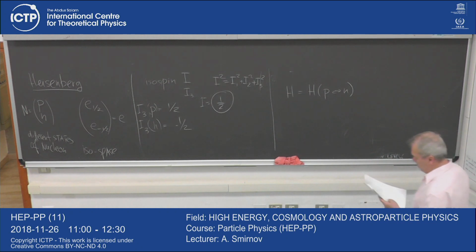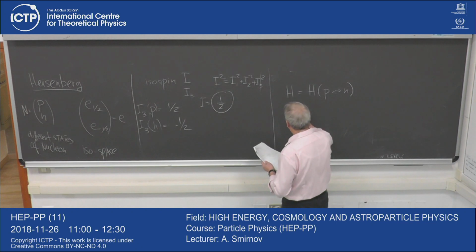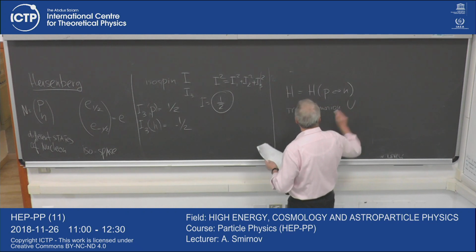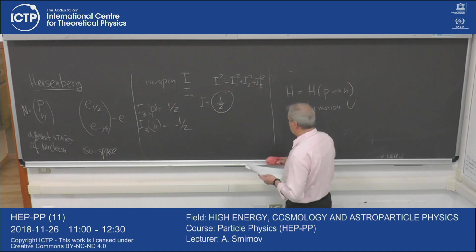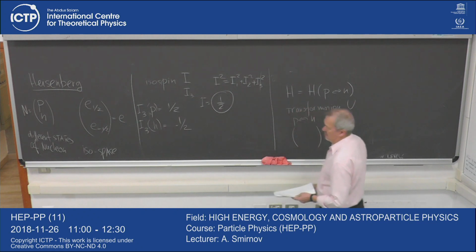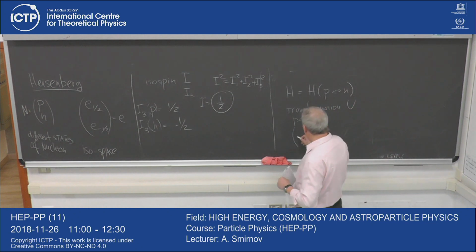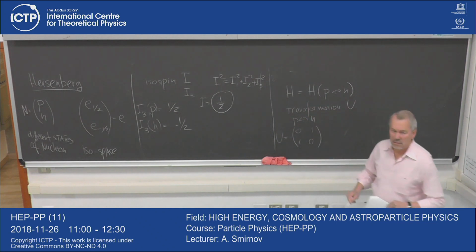We formalize this in the following way. We introduce a transformation which actually leads to interchange of proton and neutron. Since we have two components, we have a space formed by a basis of two states, and then an operator which leads to permutation of proton and neutron is this. Right?